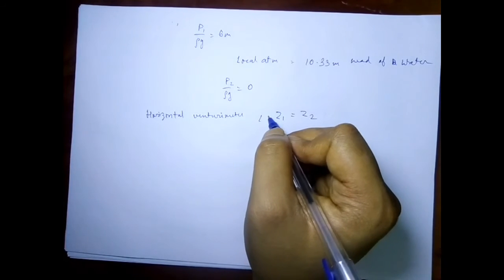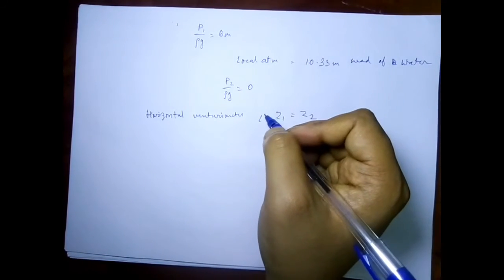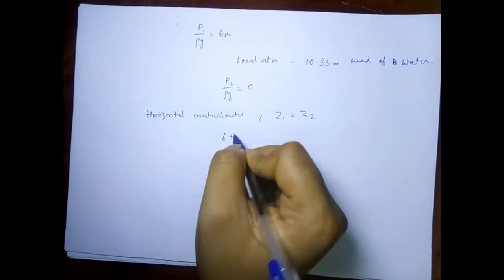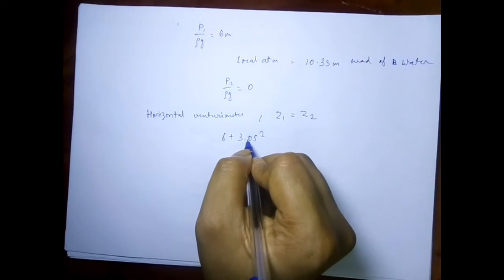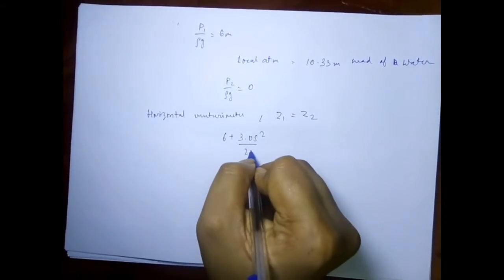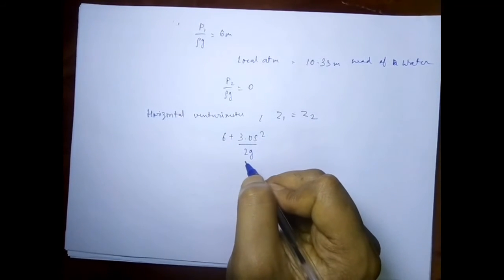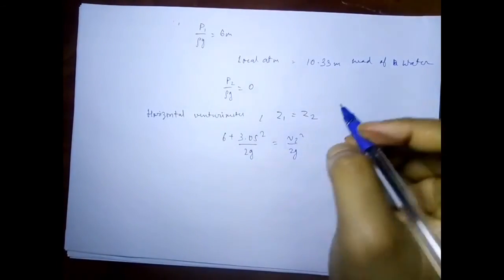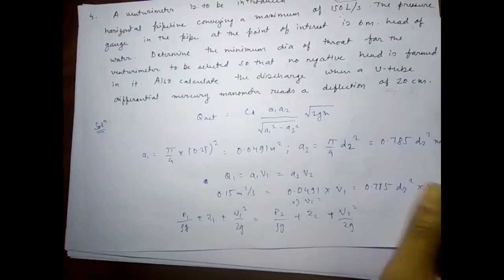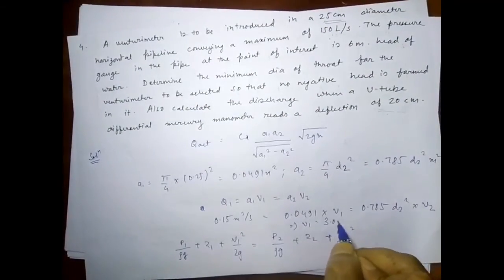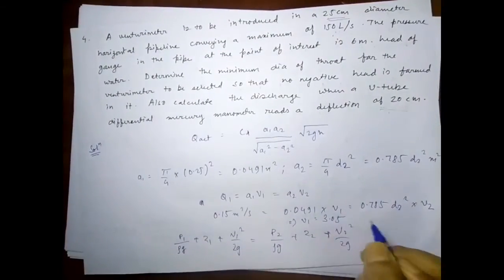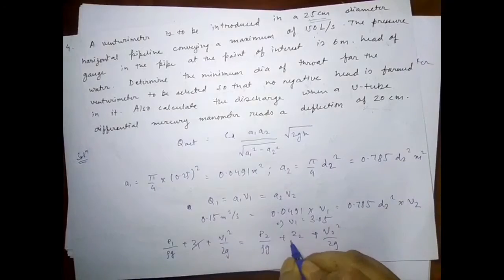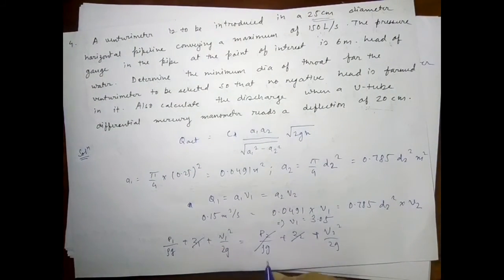So now we are remaining with this much. Z1 and Z2 are eliminated, also P2 by rho g is eliminated because it is 0.